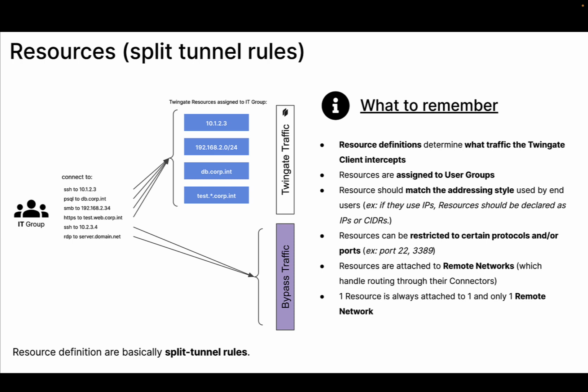The way you declare a resource is very important because that directly determines whether traffic gets intercepted. A good example, I think, that people often forget at the beginning is if your users are used to connecting to their production database on something like db.corp.int, and let's imagine that same server has a private IP of 10.1.2.3.